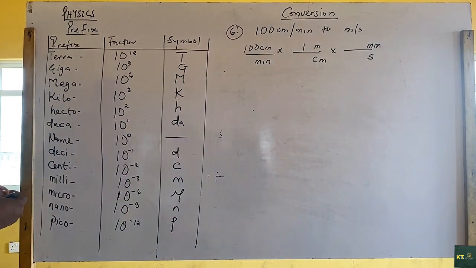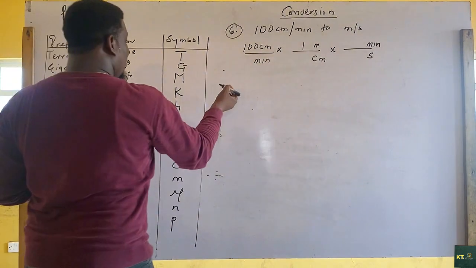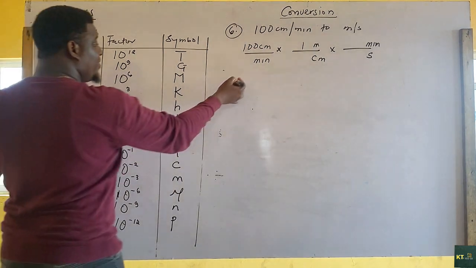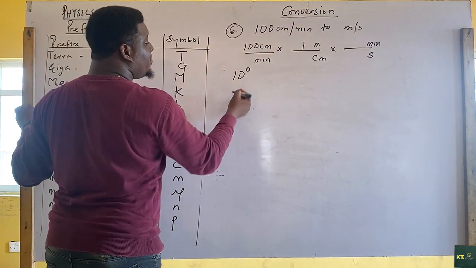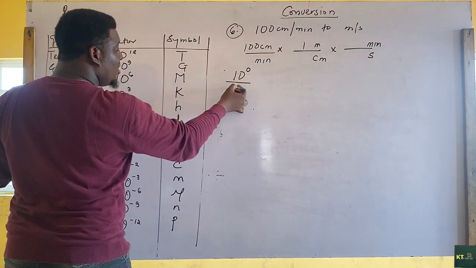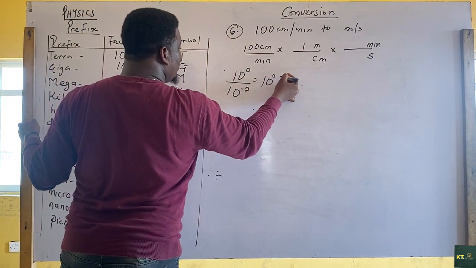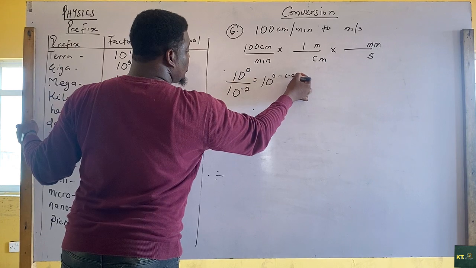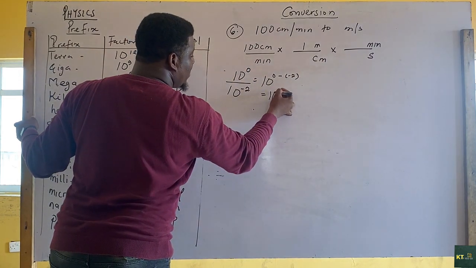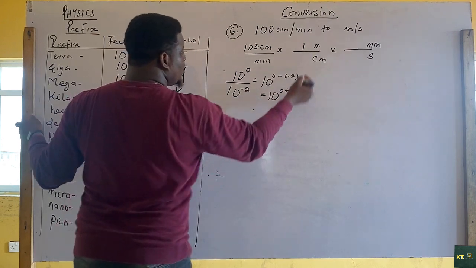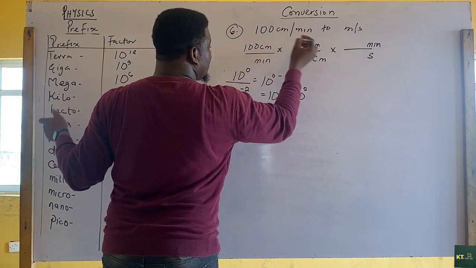Now for centi, what is the relationship between the meter and centi? We have 10 raised to the power of 0, which is the bigger one, over the smaller one, 10 raised to the power of minus 2. So you have 10 raised to the power 0 minus minus 2, which is 10 raised to the power 2. So you put it here, in the empty space.